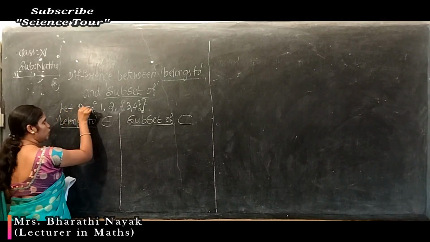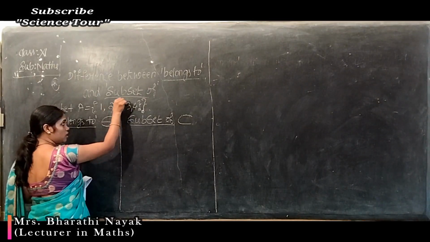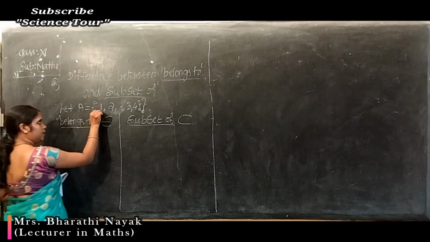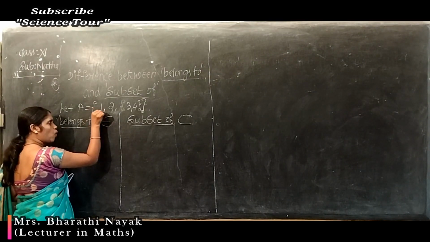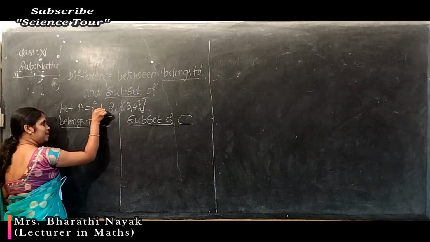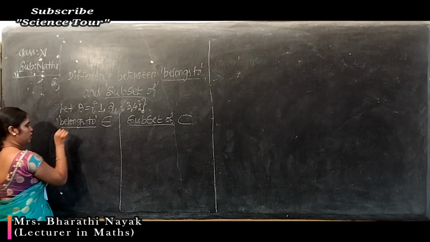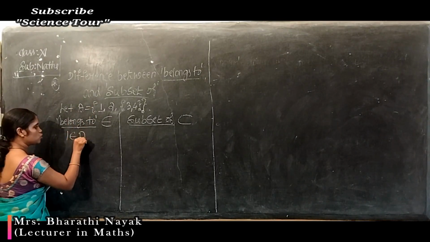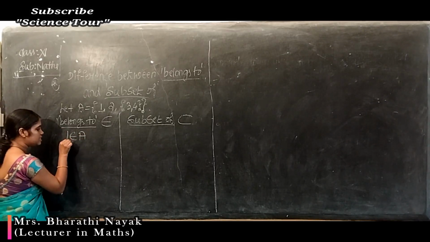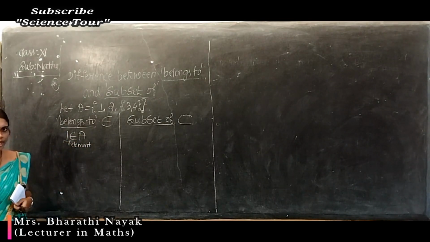I have considered one set. Let A be the set {1, 2, {3, 4}}. Consider the element 1. Does 1 belong to this given set A? Yes, so I'll write 1 belongs to A. Here 1 is one of the elements.